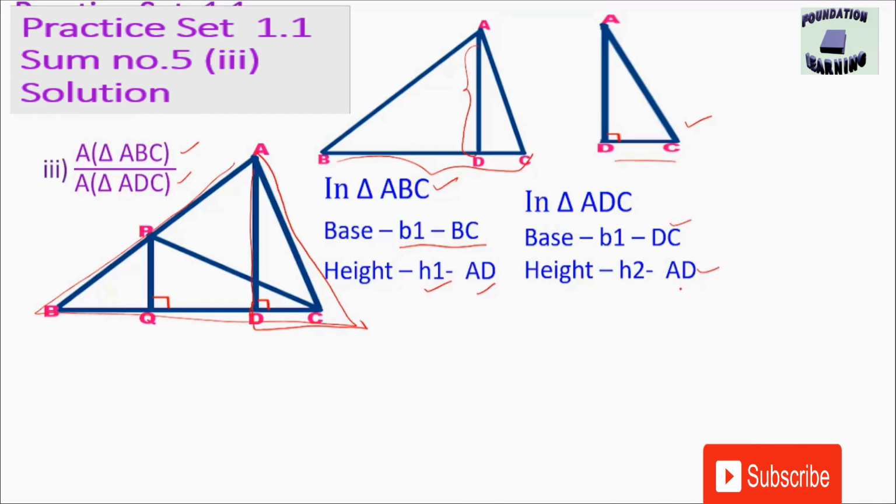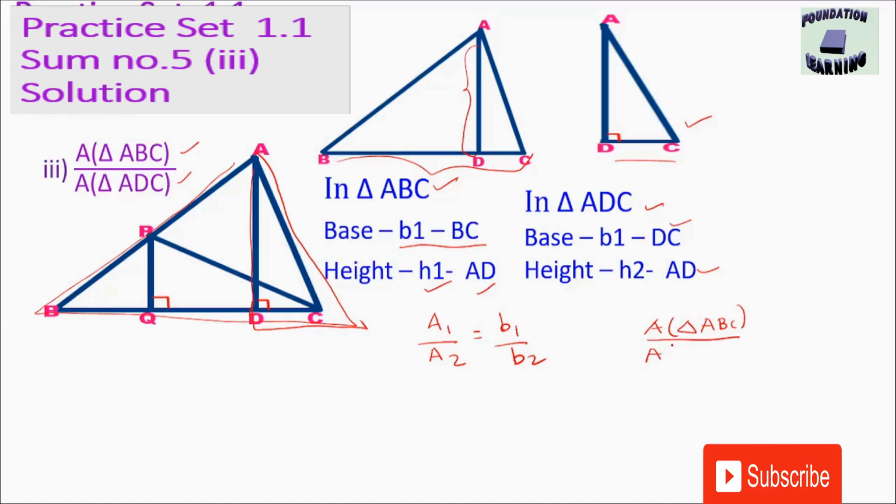So what is common here? The height is common. So which formula will you take? We will take A1 upon A2 is equal to, since height is common, we will take B1 upon B2. Now what is A1? A1 is area of triangle ABC. What is A2?